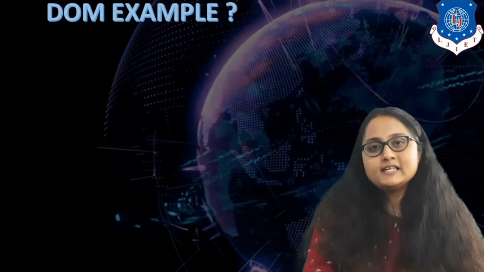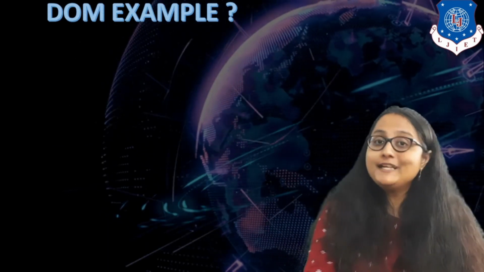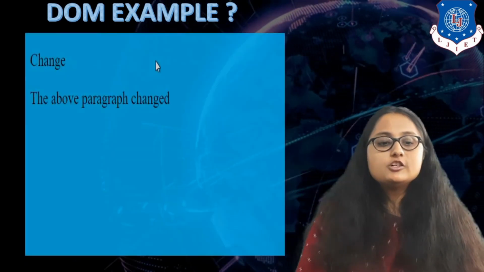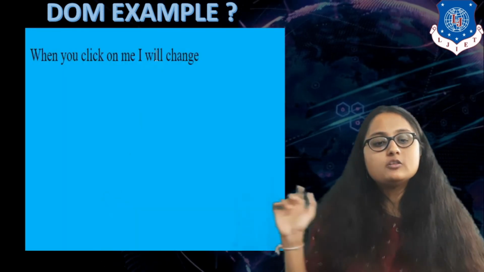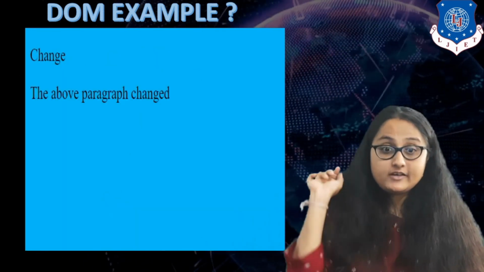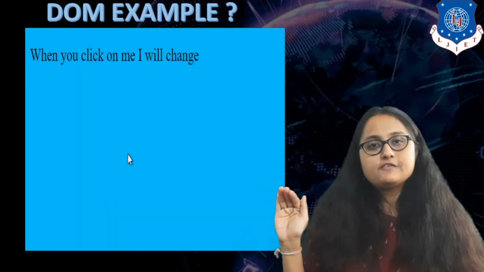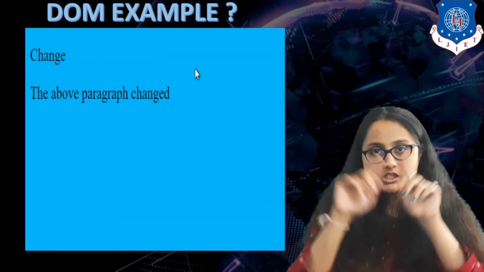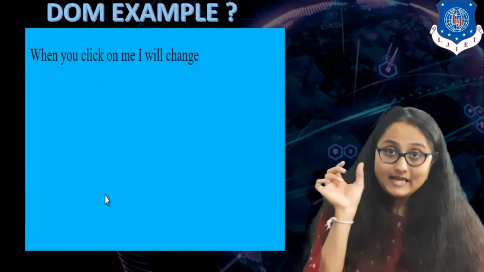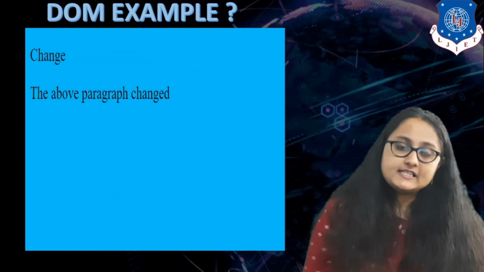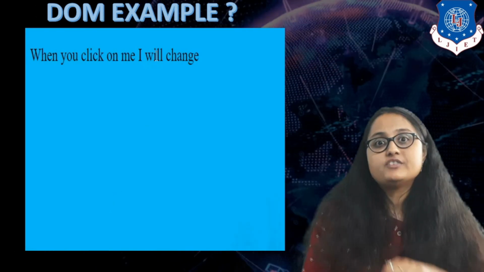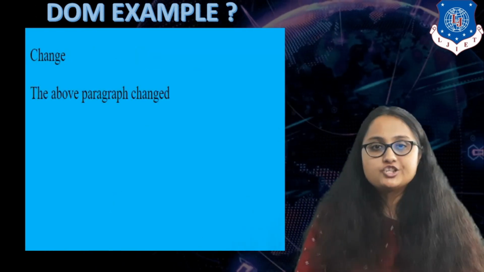Let us see one example of DOM and then complete this lecture. So here you can see that when you click on me, I will change. So this is a text. If I am clicking on it, the paragraph text is being changed, right? So this is a web page. It has a paragraph, and on clicking on that paragraph, basically the text of the paragraph is dynamically being changed.